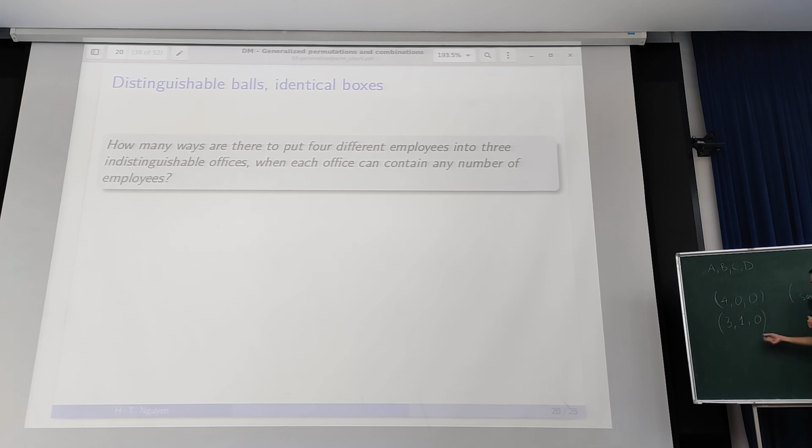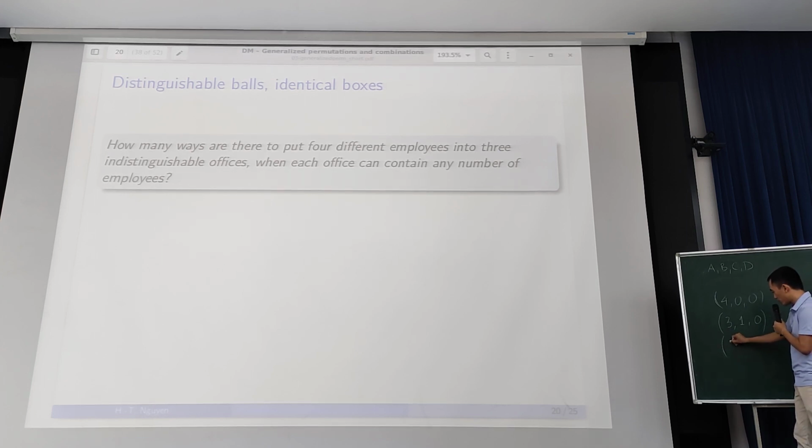As with the previous case, this is the same. 310 or 031 are counted the same as this case. Okay, so there is no other case where there are 3 people in the same office.